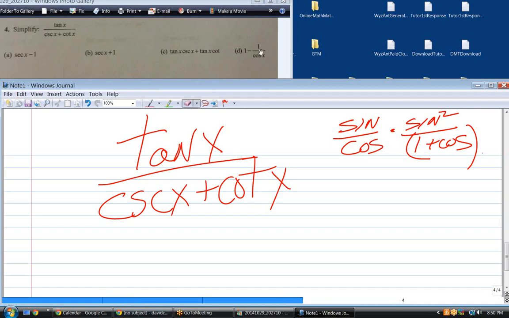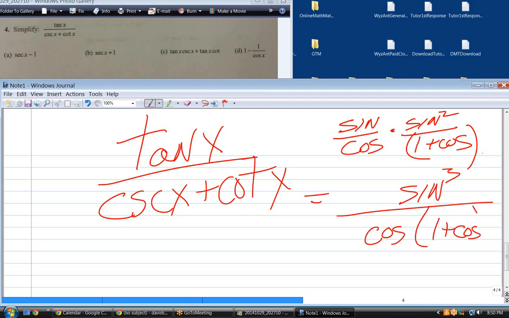Now, how do I know D is not the right answer? Because this thing is equal to sine cubed over cosine times 1 plus cosine. So if D were the right answer, nah, I guess I can't say that. Nah, I don't know. Hold on. See, if I multiply the bottom by the conjugate, no, that's not going to help.